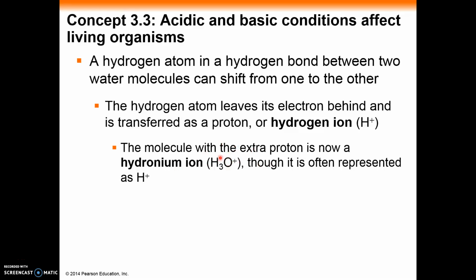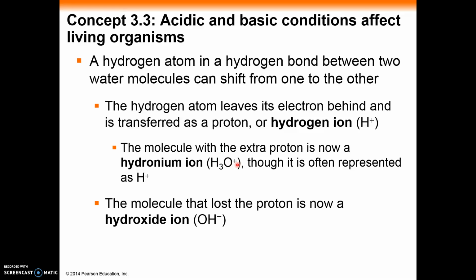Now, even though this is what really happens, so we never have hydrogen ions just floating around on their own, we oftentimes represent it that way. So when we say H+, what we really mean is there is a hydrogen ion attached to a water producing a hydronium ion. All right.